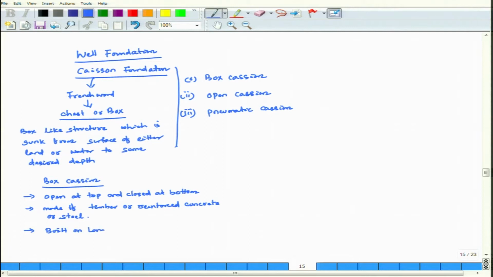Built on land, then launched and floated to pier side.